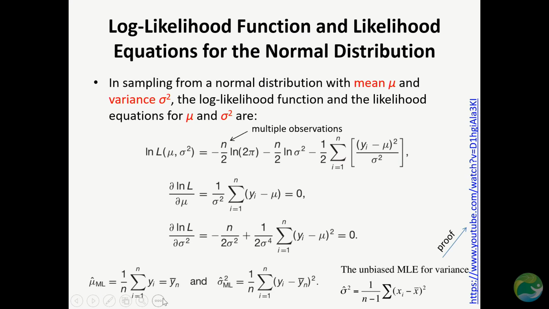The mu value is actually just the average value. And this one is the sigma value. All right. And the unbiased estimate for variance actually uses n minus 1, not n.